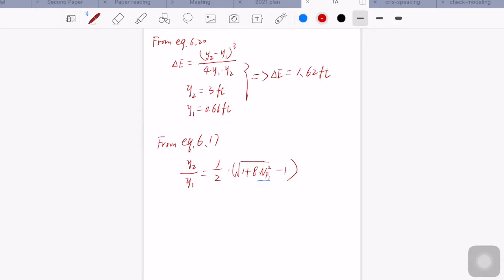And from the problem, we know y2 equals 3 feet and y1 equals 0.66 feet. So we can get that the Froude number in the channel prior to the hydraulic jump equals 3.55. And this is supercritical flow. So we have done this problem.